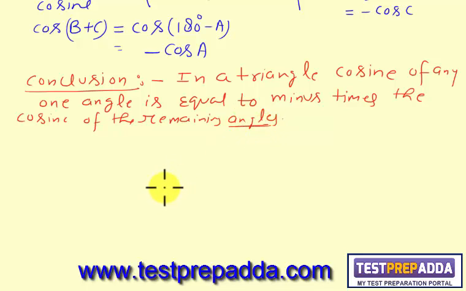Okay, in a triangle, cosine of any one angle is equal to minus times the cosine of the remaining angles.